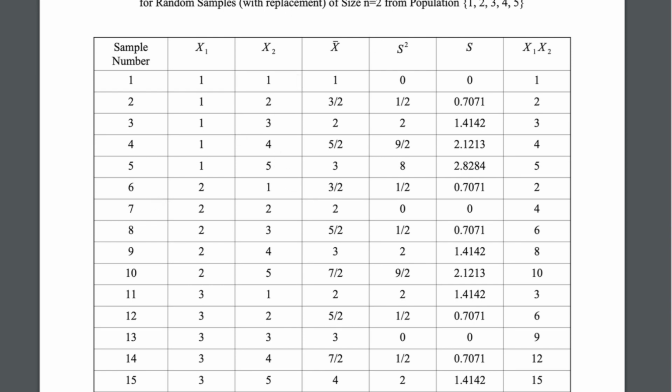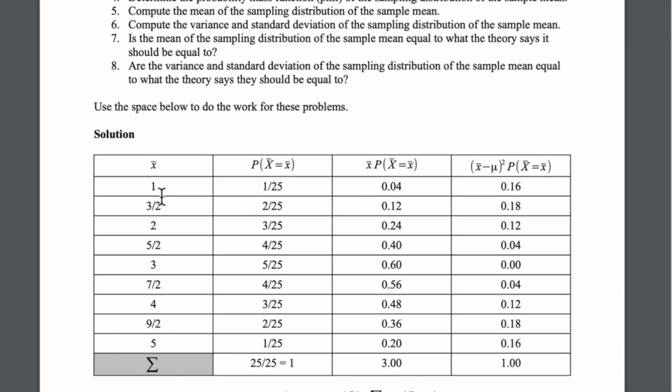Okay, and so we see then that the probability associated with x bar being 3 halves is equal to 2 over 25. And we get the probabilities associated with these other outcomes in the sample space of x bar in the same way.